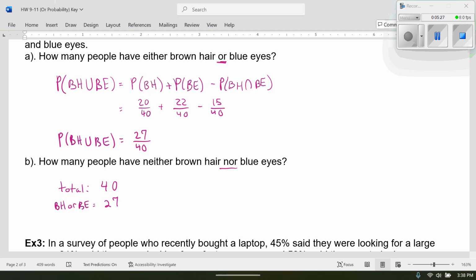That means neither brown hair nor blue eyes would be the remaining 13 people. So that would give me 13 out of 40. So remember, if they ask you for NOR, you need to find OR first, and then find the leftover.